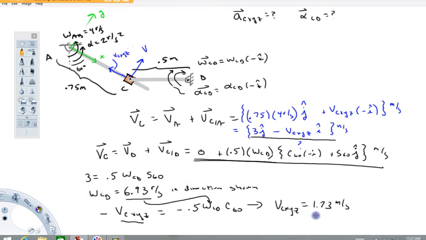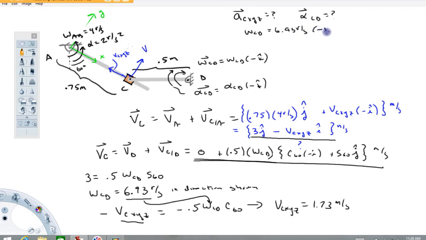Now, you'll notice this comes out positive. What that means is that I've assumed the correct direction. So this velocity vector is up and left, or in the minus i direction. That's the only physical way that one could occur. So I'm going to write the results up here and probably just start a new video for the second part of this motion analysis. So now what we know is that omega CD is 6.93 rad per second.